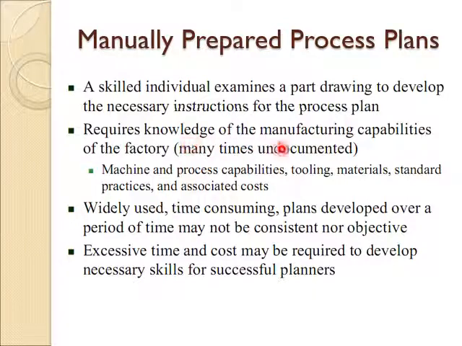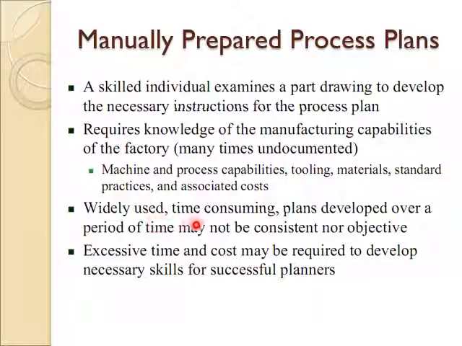That requires knowledge of the manufacturing capabilities of the factory, many times undocumented: machine and process capability, tooling, materials, and standard practices. These are the parameters we take care of for process planning.